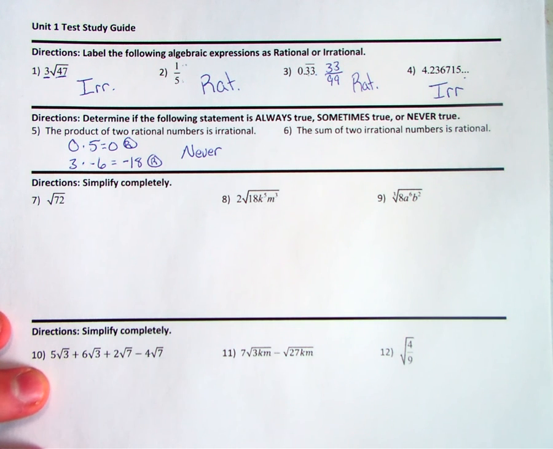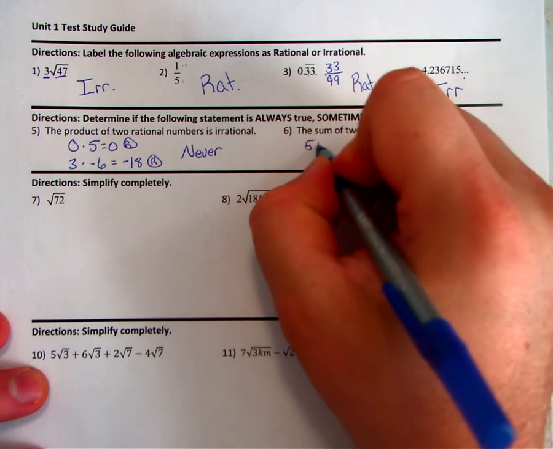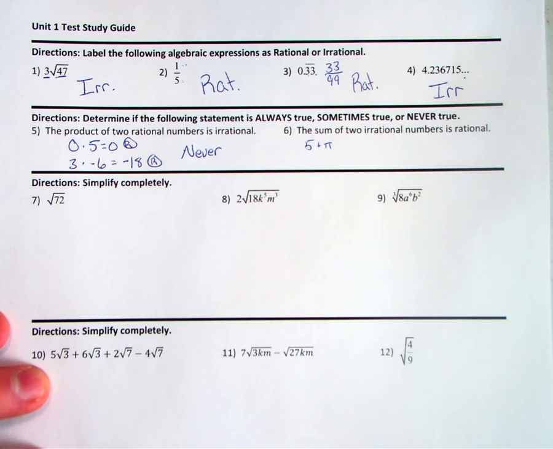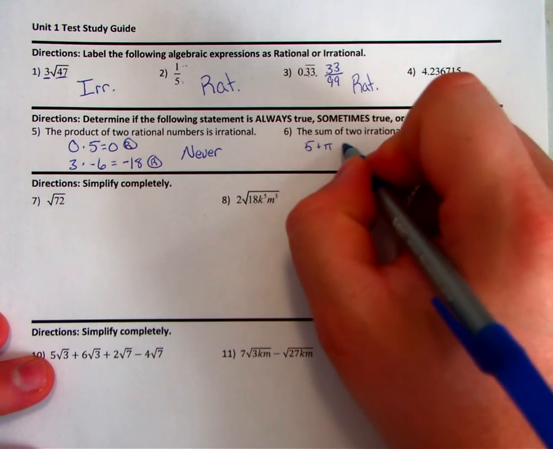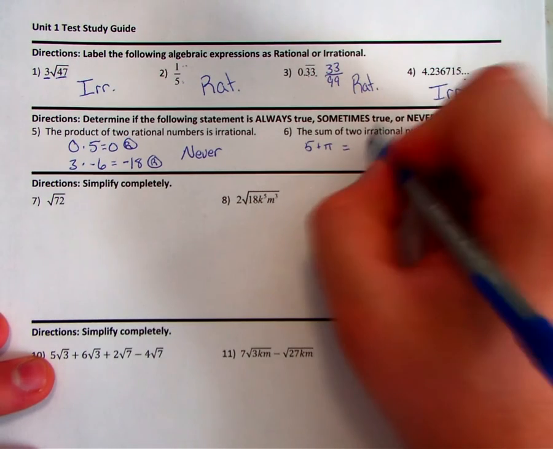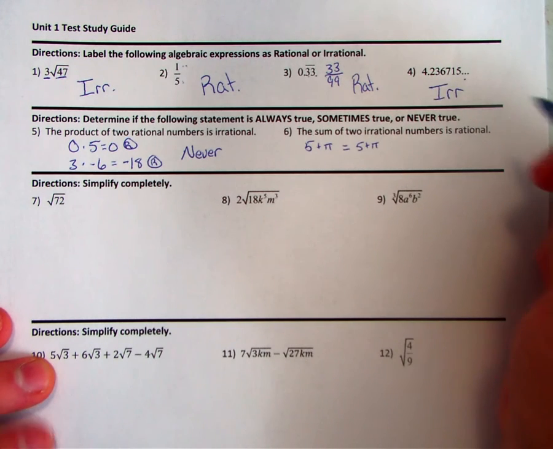The sum of two irrational numbers is rational. Well, let's again give ourselves some examples. If I add 5 plus pi, because pi is an irrational number, then we are going to end up with 5 plus pi, which is still irrational.